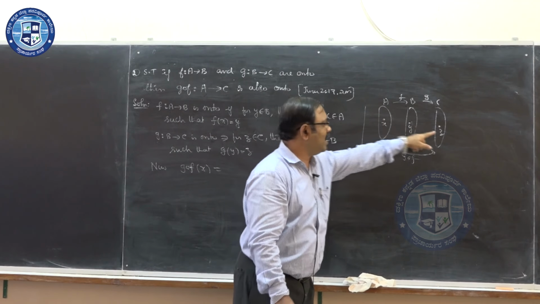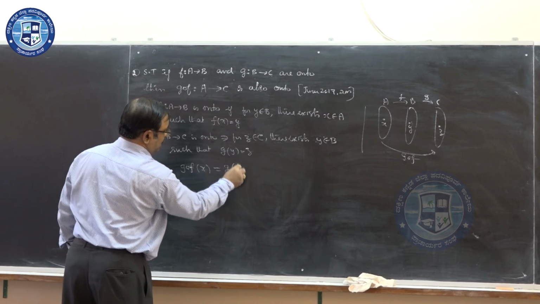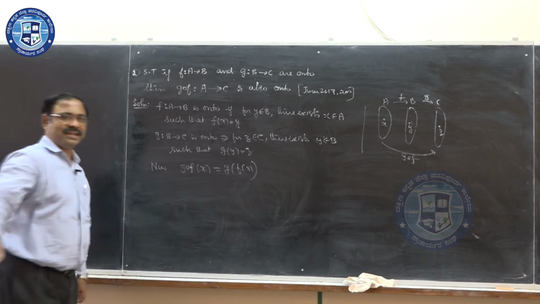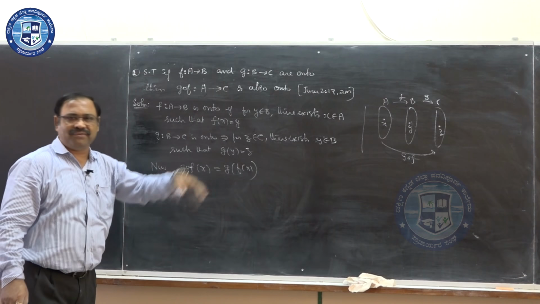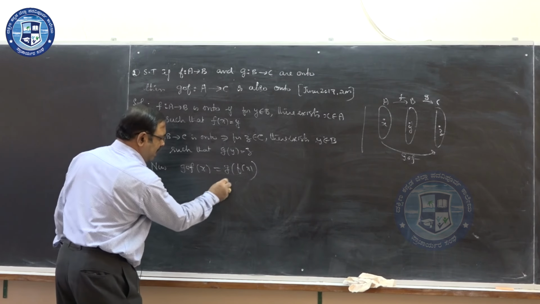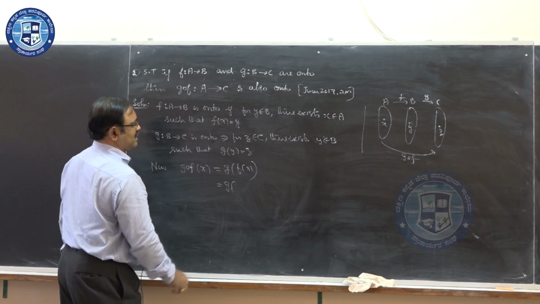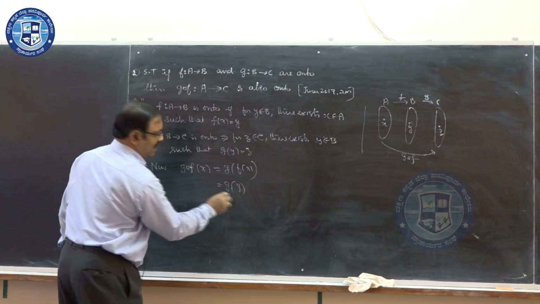That is, g composite f of x is equal to what? We have to show that it is z, but by definition what is it? By definition this is g of f of x. Now tell me what is f of x? f of x is y.